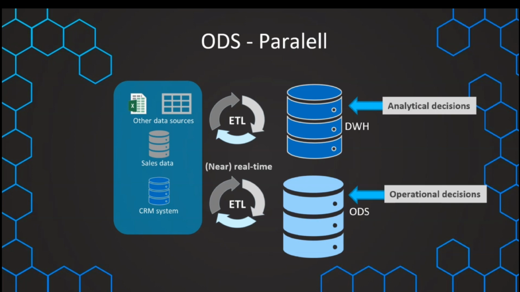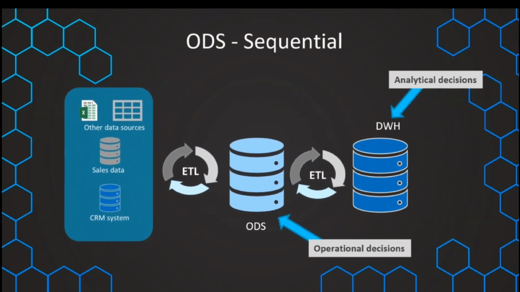But another option is a little bit more common, and this is a sequential integration. In this case, we can still maintain our operational data storage, but we just build our ETL for the data warehouse on top of our operational data storage.